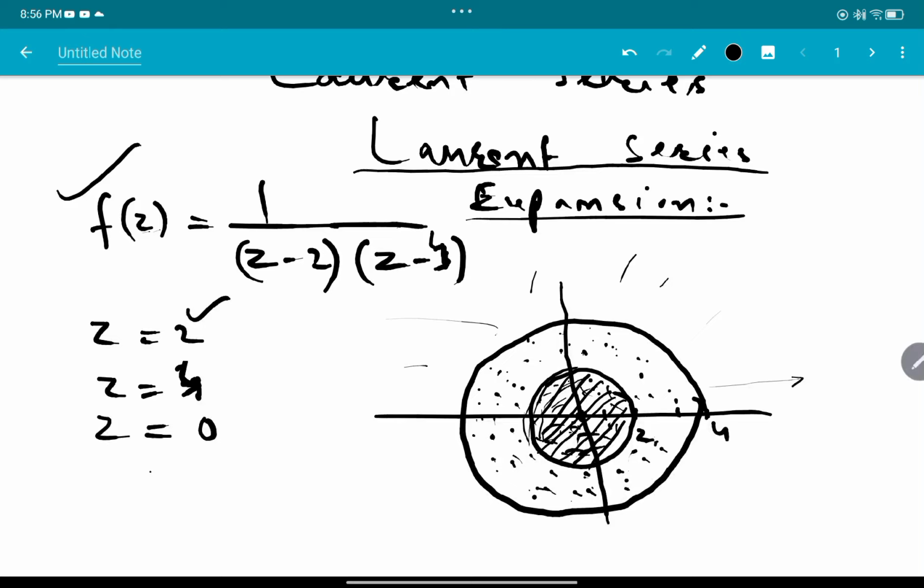The range of our Taylor series expansion is only this, and the rest of it is taken care of by Laurent. In fact, the Laurent series takes care of this region as well, because as you will find, Taylor series expansion is a special case of Laurent series expansion.